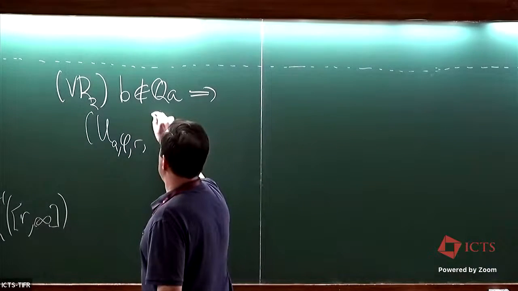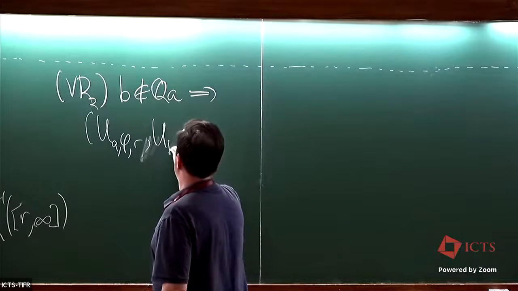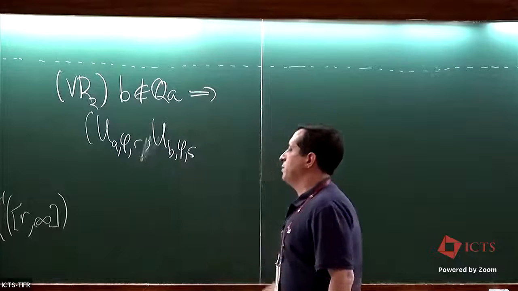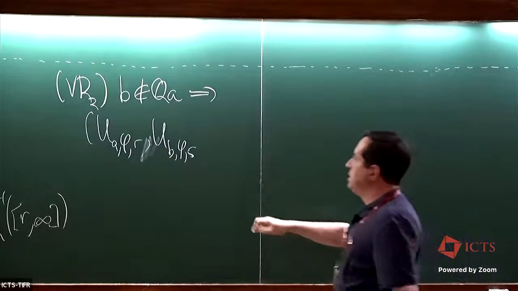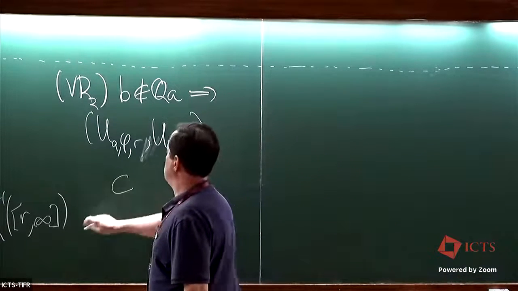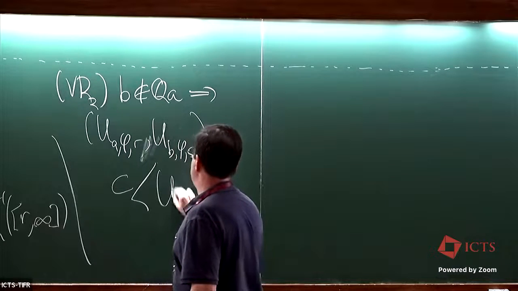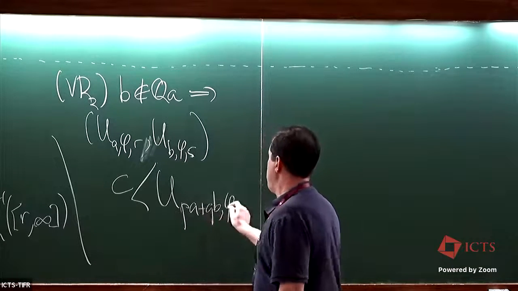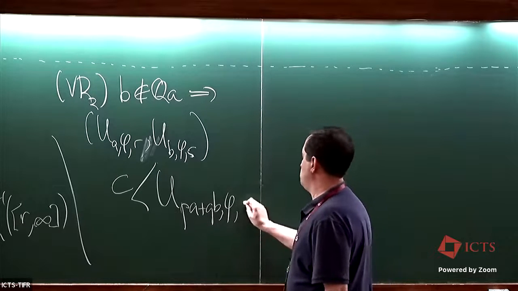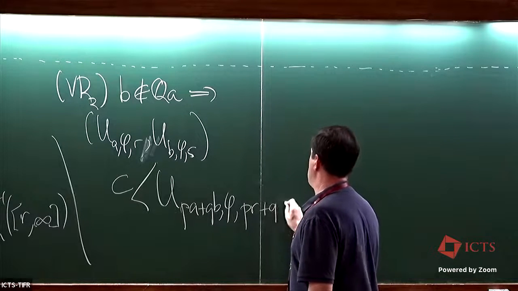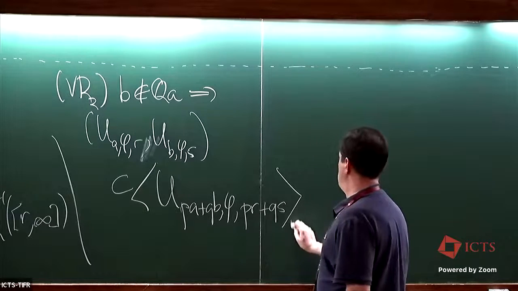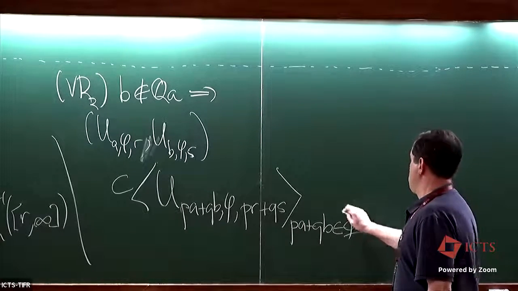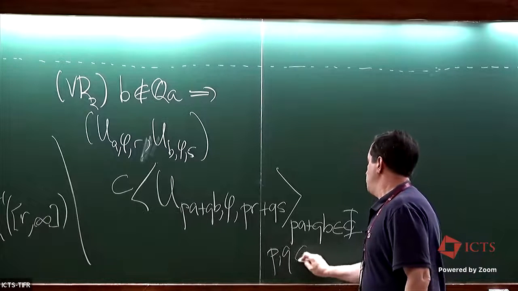If you take the commutator of two of these for two different roots, for two different depth parameters r and s, this is inside the group generated by all roots that are combinations of a and b with positive integer coefficients for the corresponding modified depth parameters. So this is over roots of the form pa plus qb for p and q positive integers.